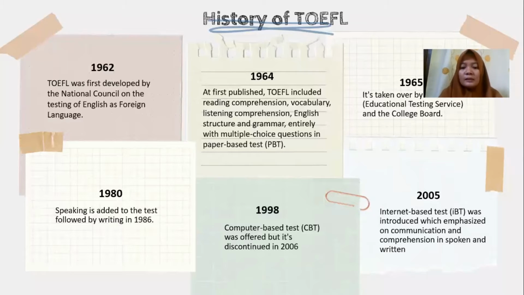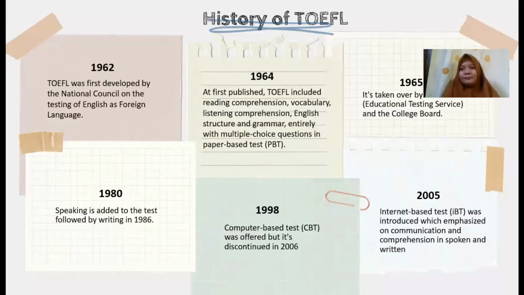The TOEFL IBT was introduced. Internet-based test, or IBT, was created which emphasized communication and comprehension in spoken and written English. Both the IBT and paper-based test are still used until now, but the paper-based test is available only in selected locations like Indonesia.